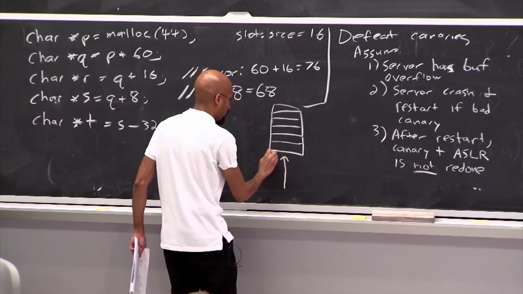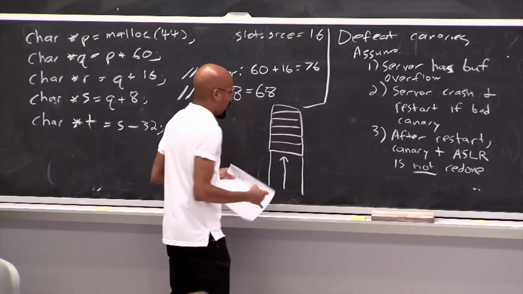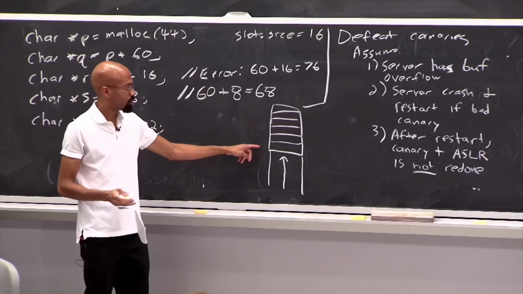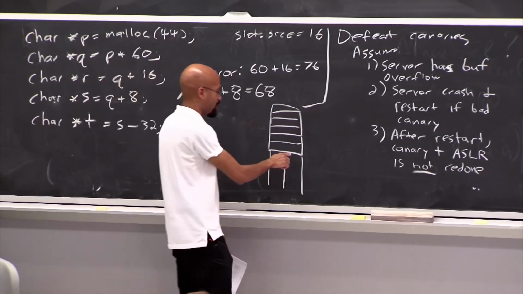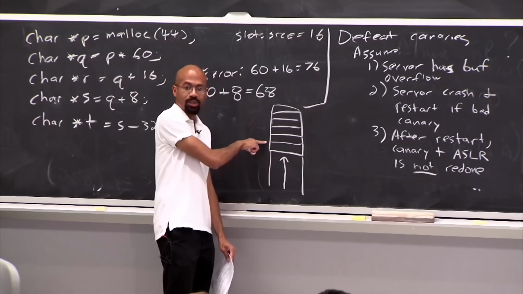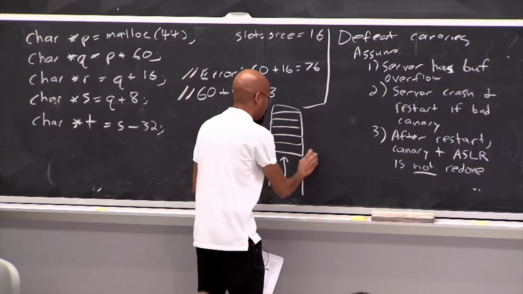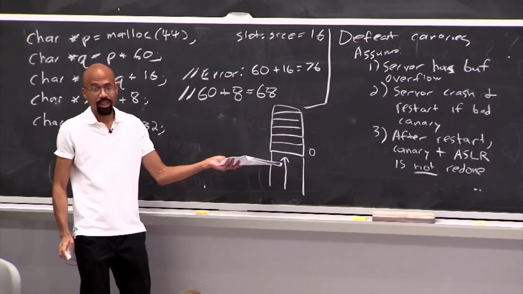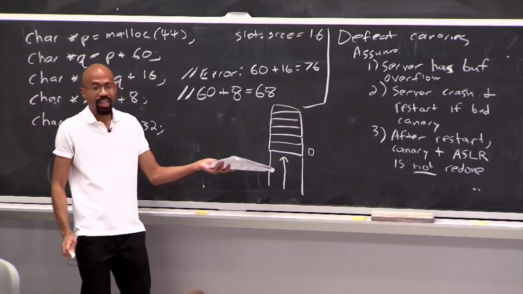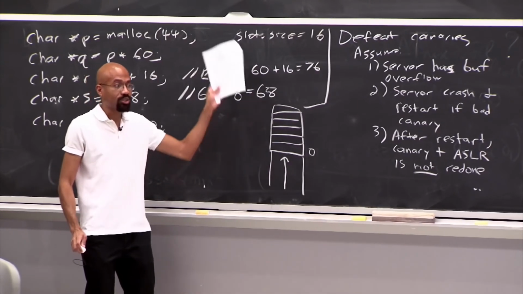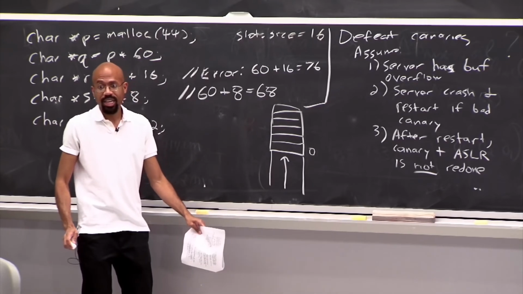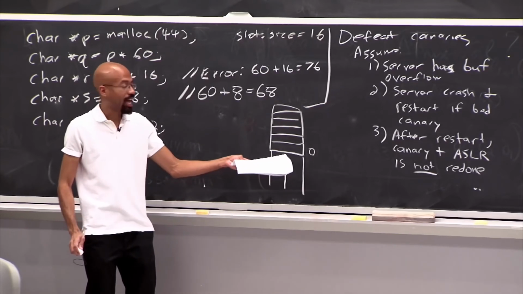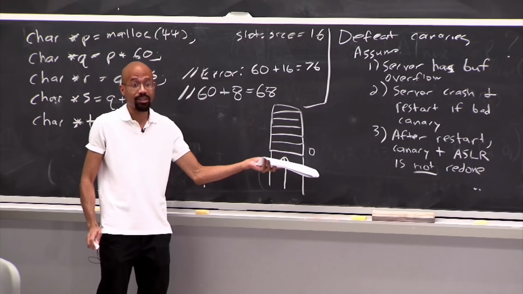Here's the overflown buffer, and you want to guess what these bytes are. So the first thing that you guess is you take your overflow just to this first byte of the canary, and you say, hey, is that byte 0? You write a 0 there with your overflow. You're either correct or you're incorrect. If you are incorrect, then the server is going to crash. If you are correct, you say, aha, I actually know the first byte of the canary now.